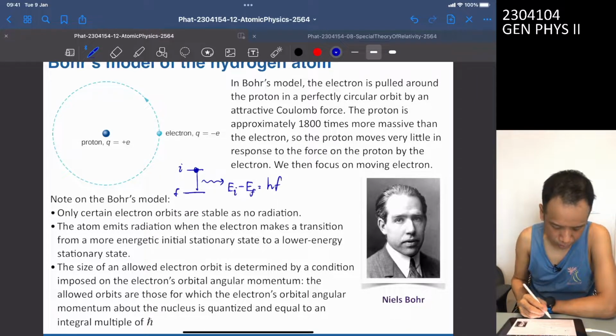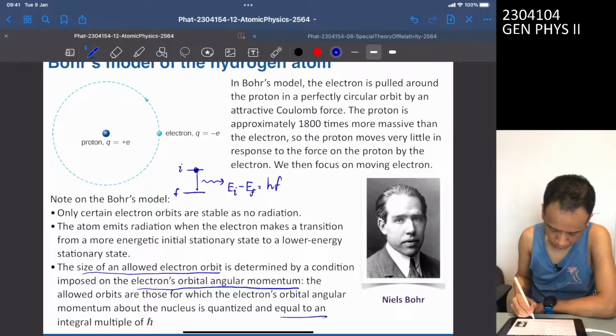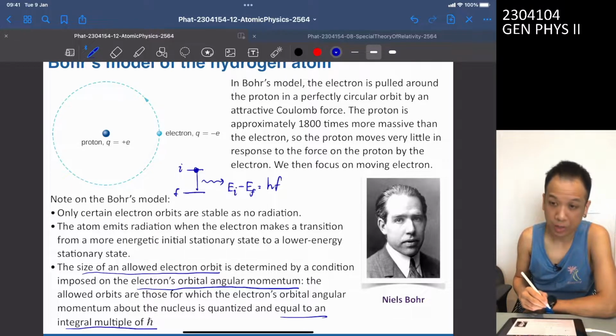The last one is that the size of the allowed electron orbit is determined by a condition imposed on the electron's orbital angular momentum, which equals an integral multiple of h bar.